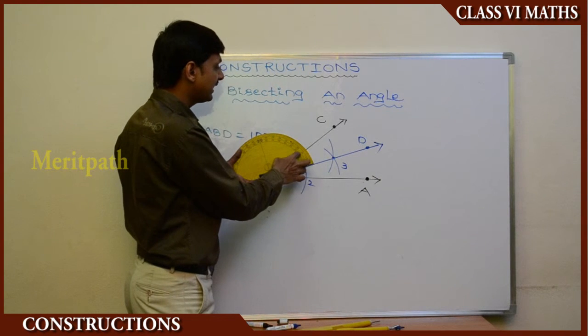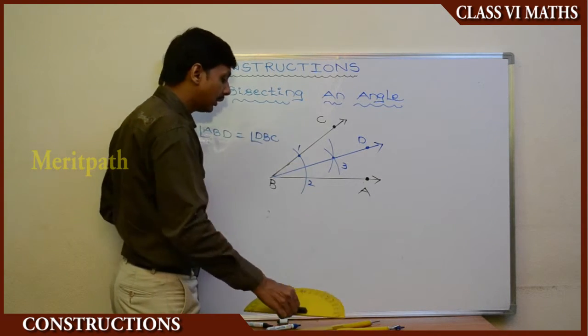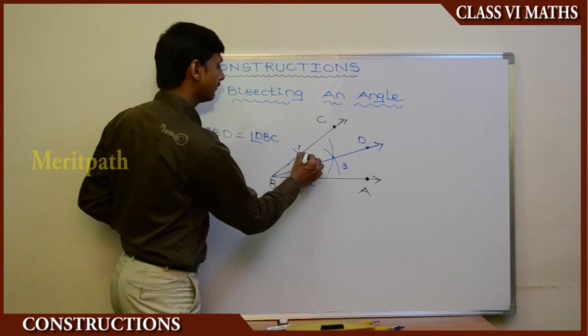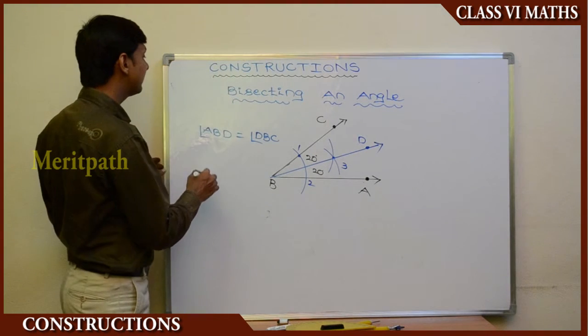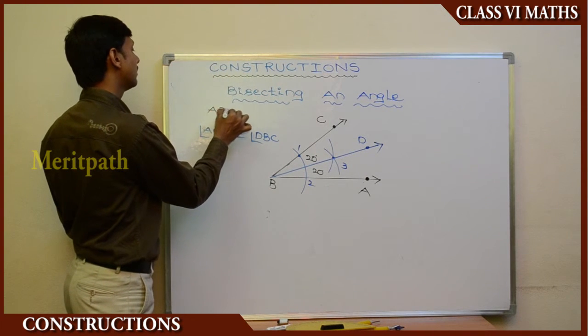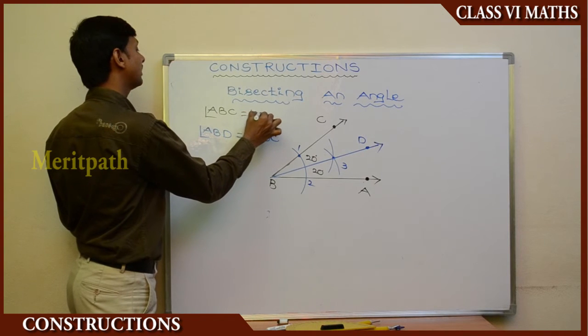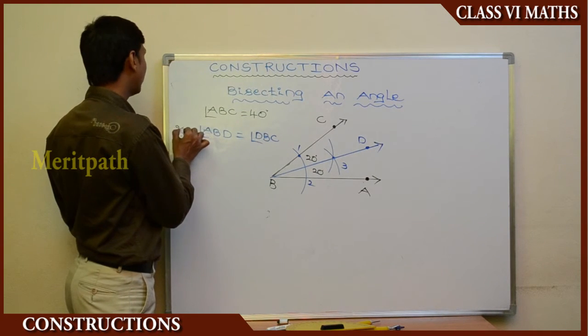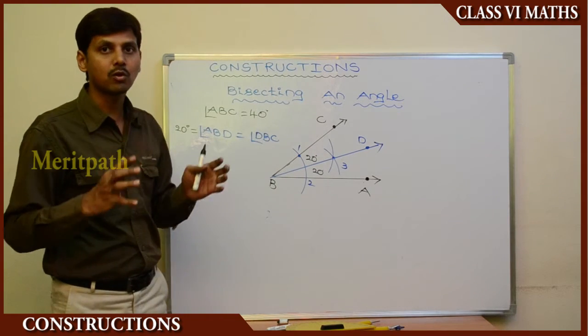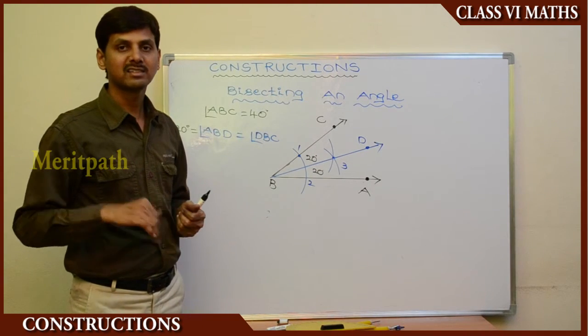Now 0, 10, 20. Exactly, both these angles are equal. This is 20 degrees and this is also 20 degrees. The total angle ABC is 40 degrees, and angle ABD and angle DBC are each 20 degrees. So this is the process of bisecting an angle. Let's go to the next one.